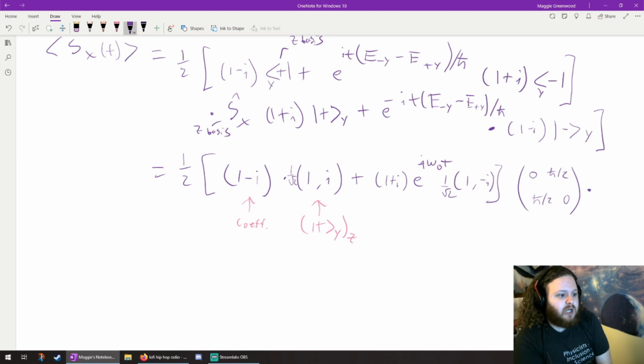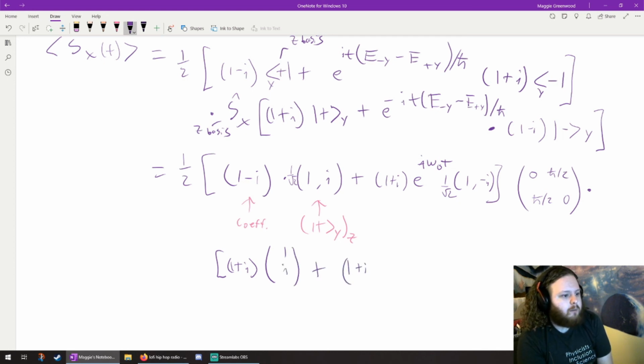Then that is going to act forward on my kets, which is 1 plus i, a vector column, 1 i, plus 1 plus i, this one gets the minus, e to the minus i omega naught t, 1 over root 2, 1 minus i, as a vector column. Okay.